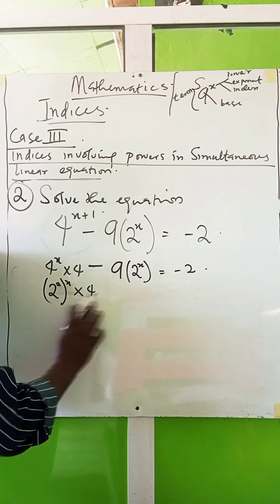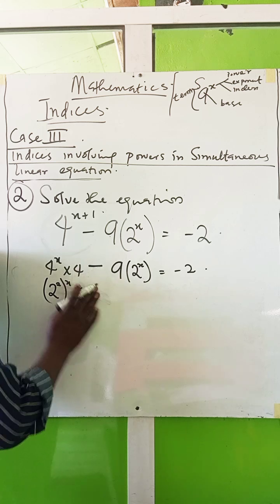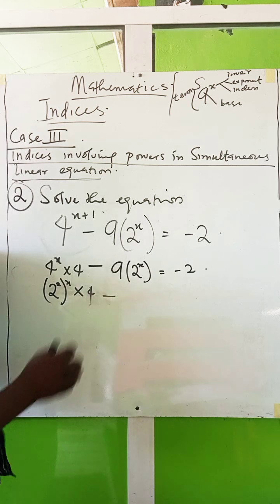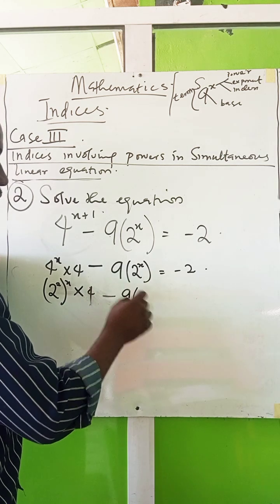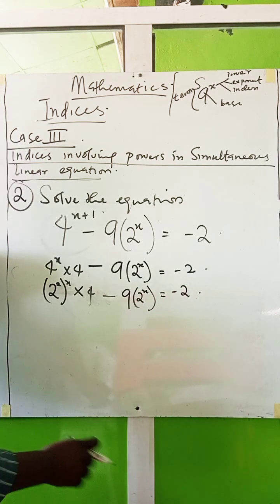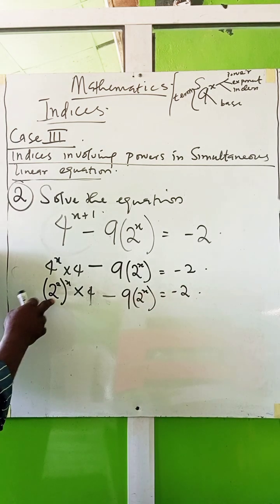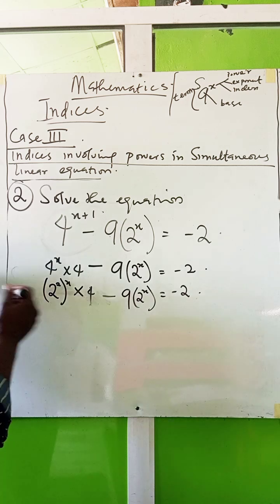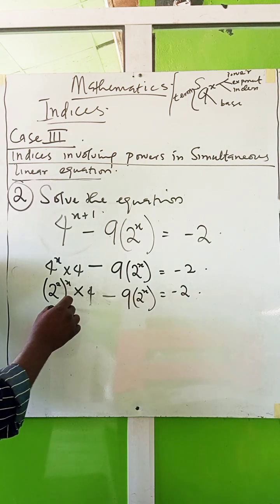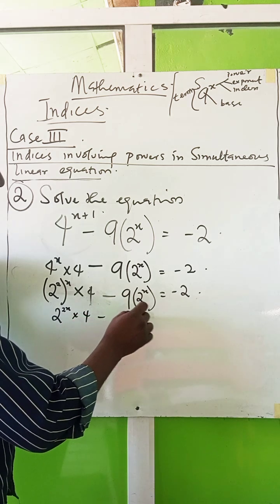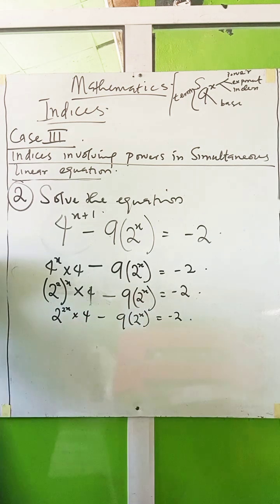And leave this one like that. Then this is 9 times 2 raised power x equals minus 2. I hope you know that when we have a law in which there is a bracket between the powers, they can multiply themselves. This is 2 raised power 2x times 4 minus 9 bracket 2 raised power x equals minus 2.